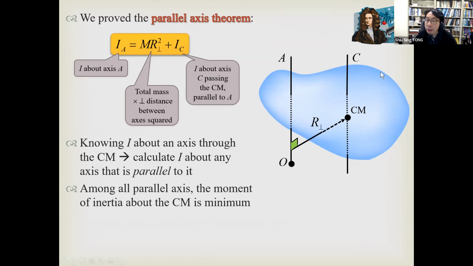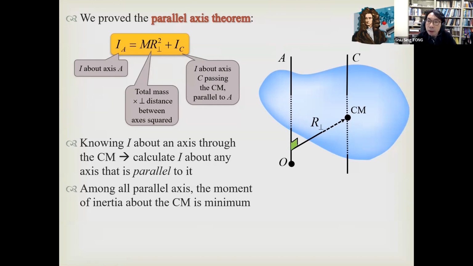So that's why I call it C. The other axis I call A is an axis that is parallel to axis C, right? But it is at a distance from the center of mass. It is a perpendicular distance r prime. So this r prime is the distance between the two axes. Axis A is not passing through the center of mass, but is at the distance r prime from axis C, and the two axes are parallel to each other.